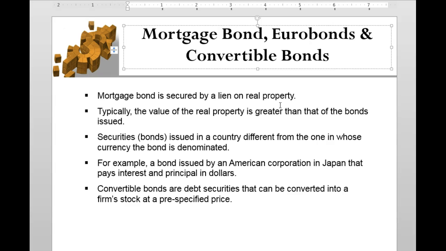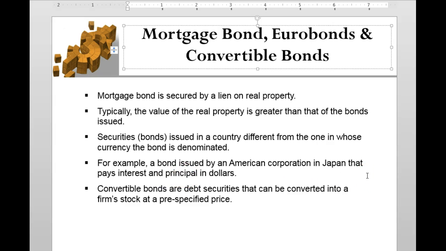Just because it's called a Eurobond doesn't mean it's from Europe. It could be Japan, it could be China. Japan may issue a bond to a company or into the United States. Or an American corporation in Japan pays interest, okay?